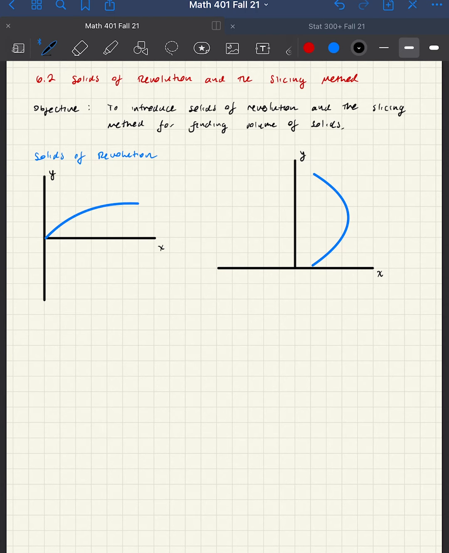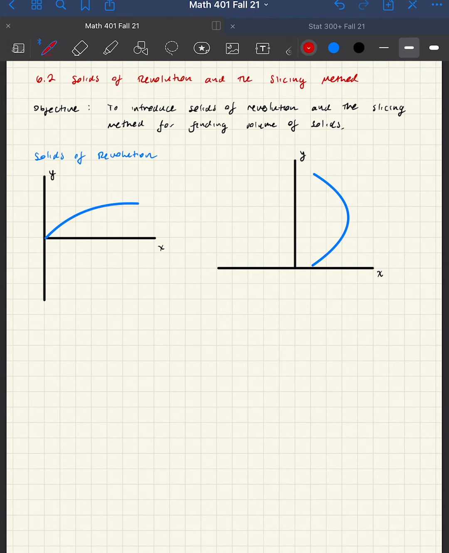So what we are talking about here, solids of revolution, fundamentally, we're talking about solids, right? But the way that they're generated is by taking a curve, just a nice finite curve. And here I have two examples.